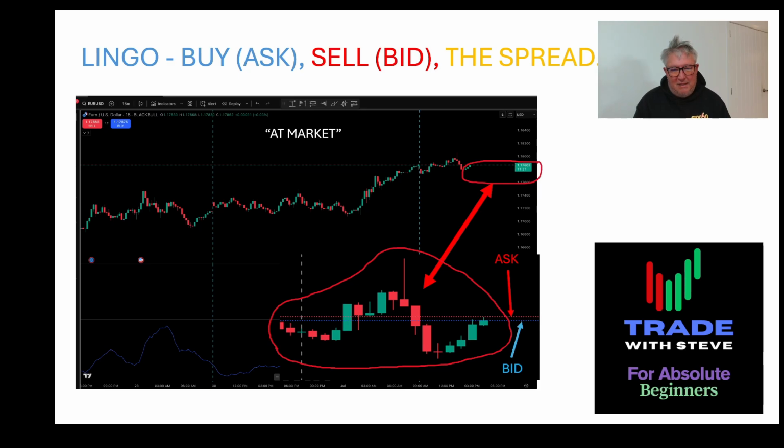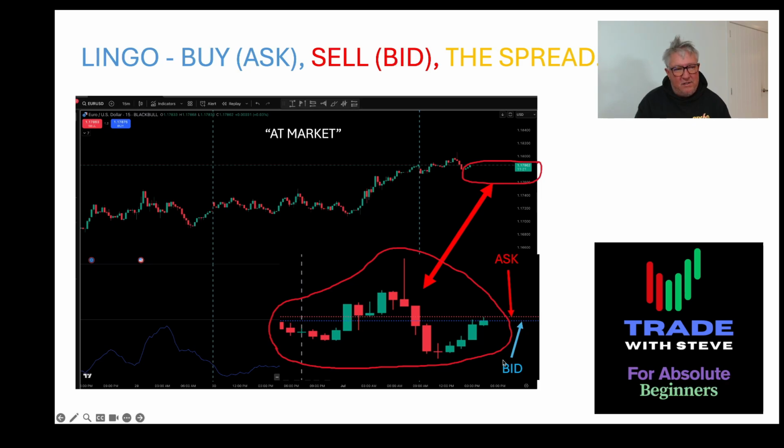The ask price is kind of like, what are you asking for this currency right now? That is the ask price, and it's the price at which the banks or the brokers will sell to us. So if we're buying, they're going to sell to us at the ask price.